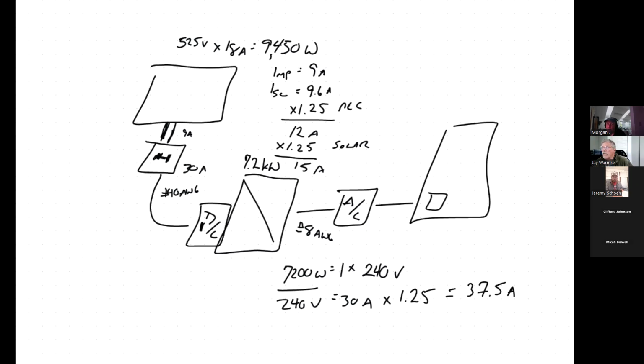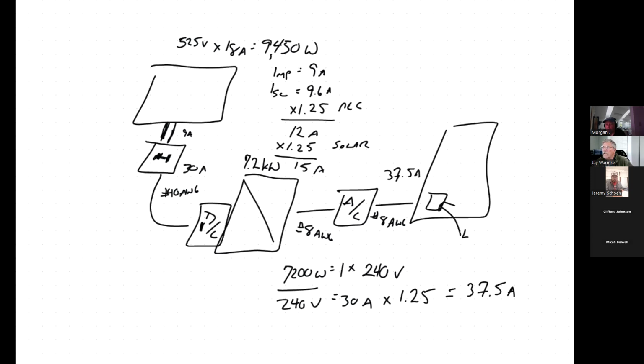Nothing changed between here. It's just that I can either turn it on or turn it off. So this is still going to be 37.5 amps. So you could still stay with the 8-gauge? Yeah, I'd still use 8-gauge wire. And then what size breaker would I put here in my service panel? 40 amp double pole breaker, right?